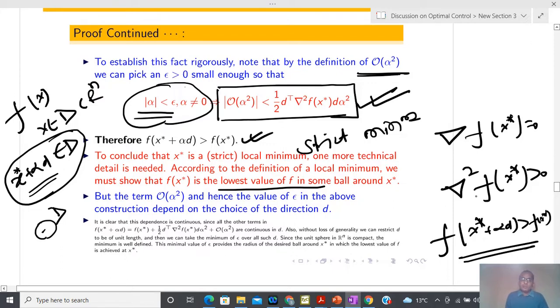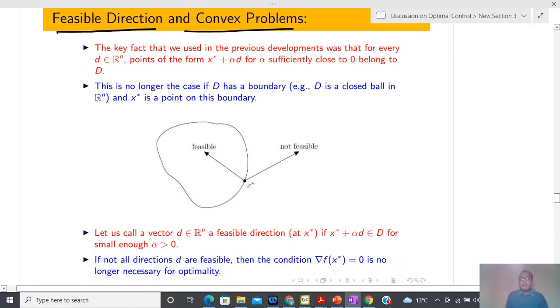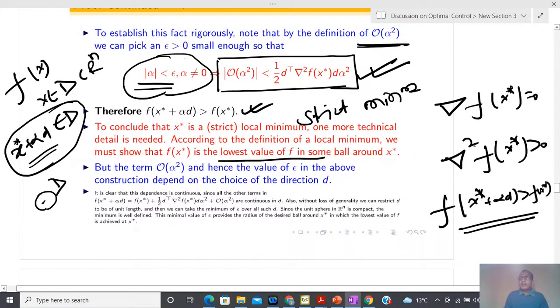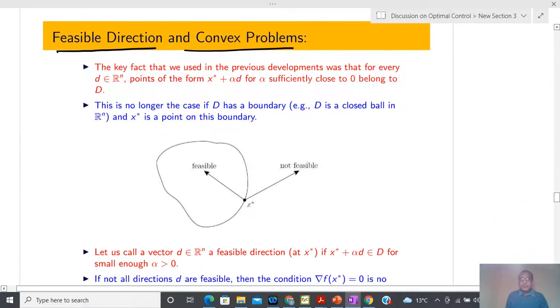But now we are mature, so we have to make sure that all conditions are satisfied. Obviously these two conditions do not always generate a strict local minima. I need some extra condition also, and how to come up with that extra condition I am going to discuss in this slide.